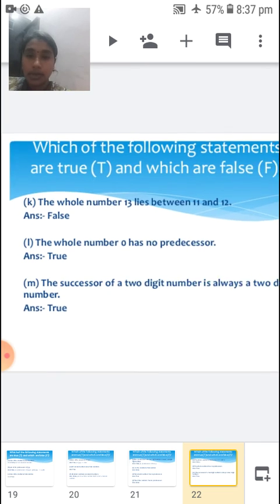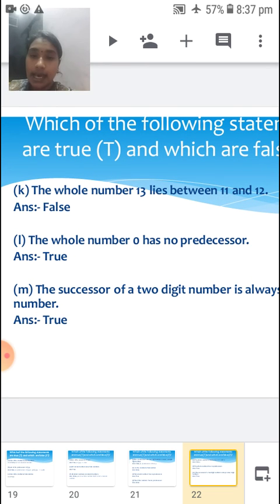The whole number 13 lies between 11 and 12. Is it true? No. The whole number 13 comes after 12.